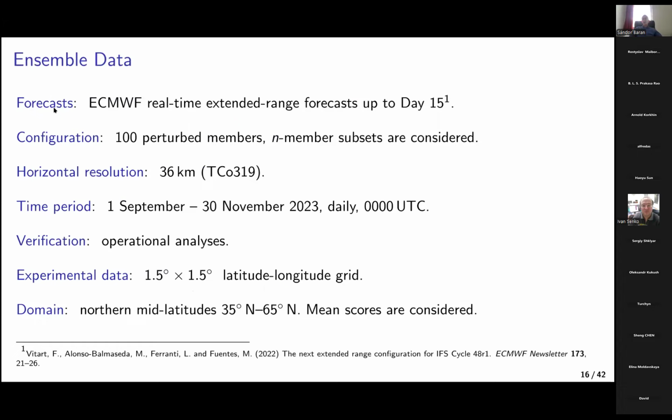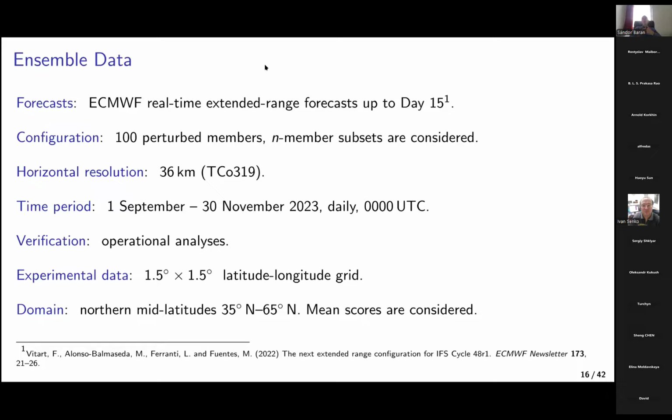As case studies, we considered the ECMWF real-time extended range forecast up to 15 days ahead. The configuration was: from the extended range forecast, we had 101 forecasts. And how are they produced? This set of partial differential equations driving the atmospheric motions needs some initial conditions.